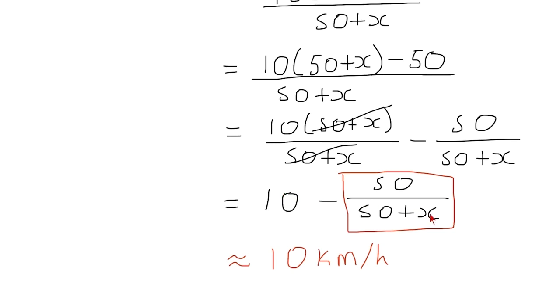Okay, so as he increases his speed further and further, then we are subtracting an even smaller number from 10, but we will never actually reach an average speed of 10 kilometers an hour.